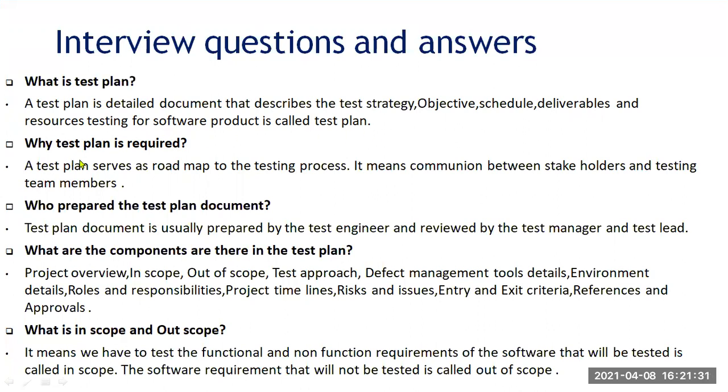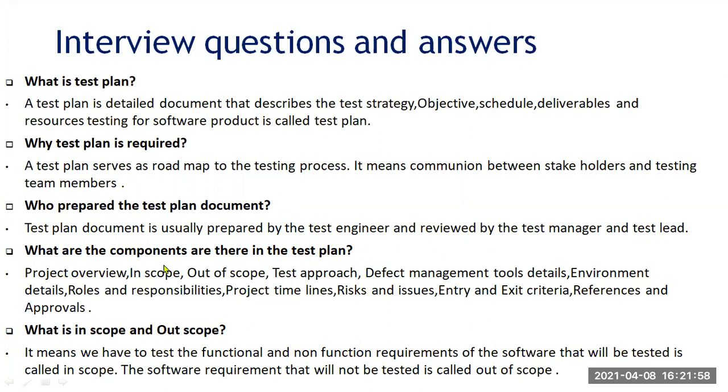Next one is why a test plan is required. A test plan serves as a roadmap to the testing process. It means communication between the stakeholders and testing team members. Next question: who prepared the test plan document? The test plan document is usually prepared by the test engineer and reviewed by the test manager and test lead.